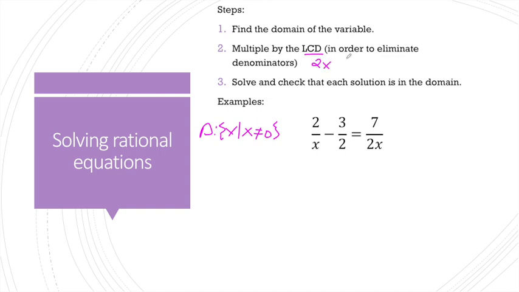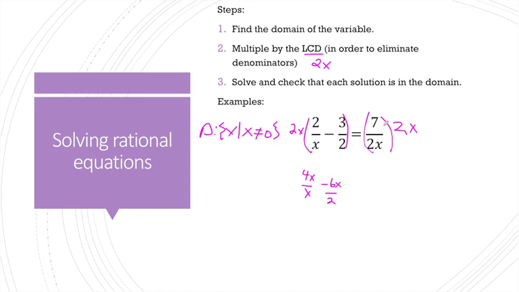Okay, so I'm going to multiply both sides by 2x. And this will cause my denominators to cancel. I have 2x times 2 over x. That gives me 4x over x. 2x times negative 3 over 2 gives me negative 6x over 2.